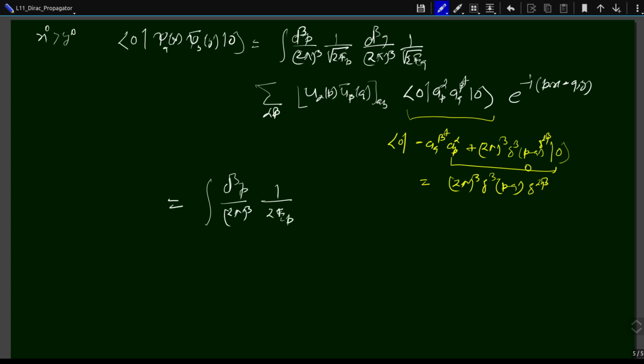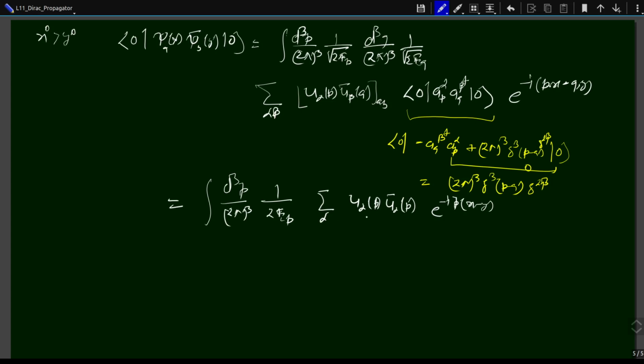Here p and q become the same, and this term just becomes a summation over alpha because beta is gone, taken care of by delta alpha beta, u_alpha(p) u-bar_alpha(p), along with the exponential e^(-i p.(x minus y)), q being the same as p.